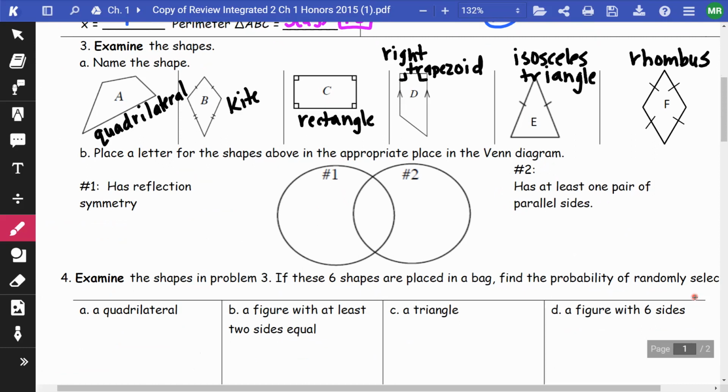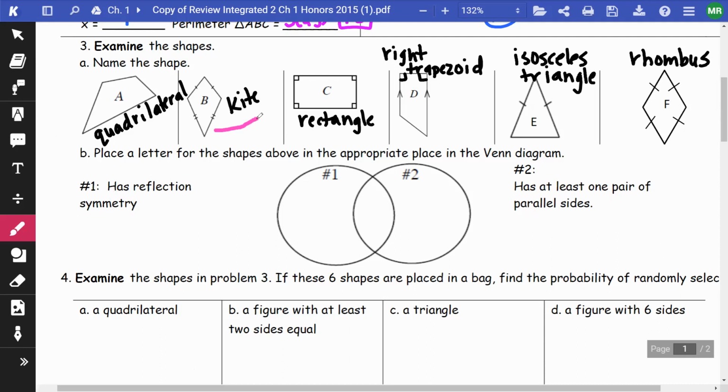Okay, so now looking at these, we want to figure out which ones have reflectional symmetry and which ones have at least one pair of parallel sides. Okay, so reflectional symmetry, that is where if I fold it in half, it's going to be the same on both sides.